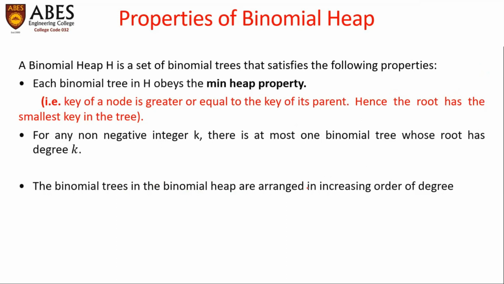It means that whenever we create the binomial heap from multiple binomial trees, those binomial trees should be connected in increasing order. First we have the binomial tree of order 0, then B1, then B2, and so on. So this is just the representation of your binomial heap.